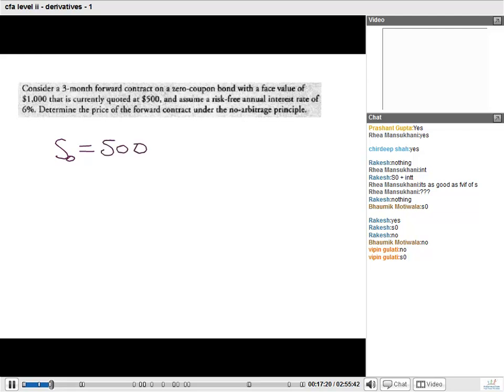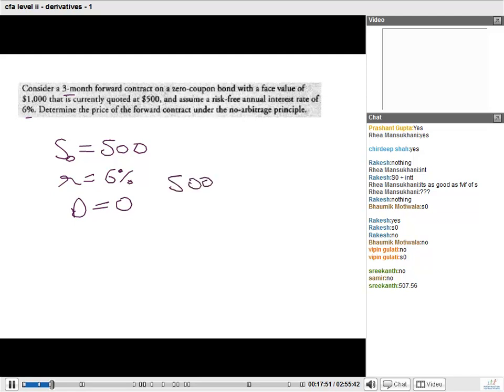So S0 is 500. The rate of interest is 6%. Is there any dividend coming from this stock? It's a zero coupon bond, so there's no coupon payment, so there's no cash flows coming from this bond at any point. So what is the price? Assume annual compounding. So the annual rate is 6%, and we want to value a 3-month forward contract.